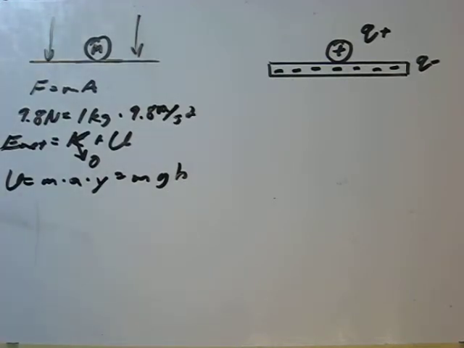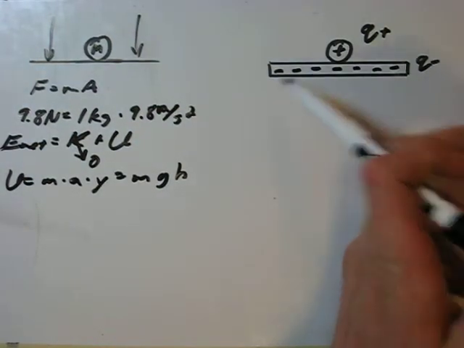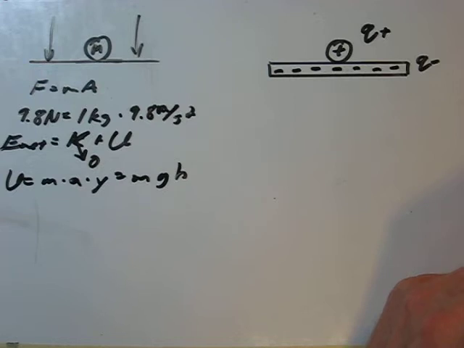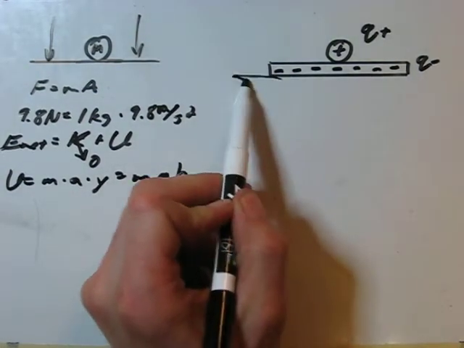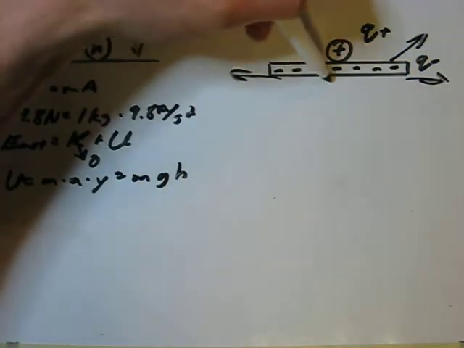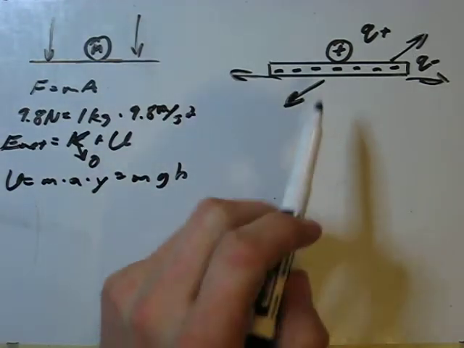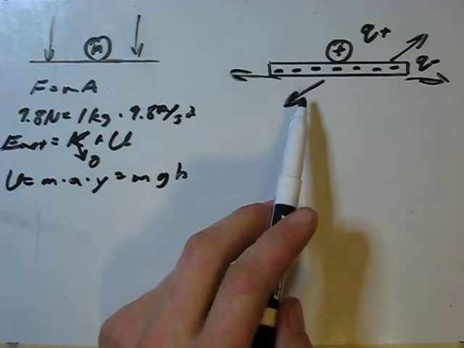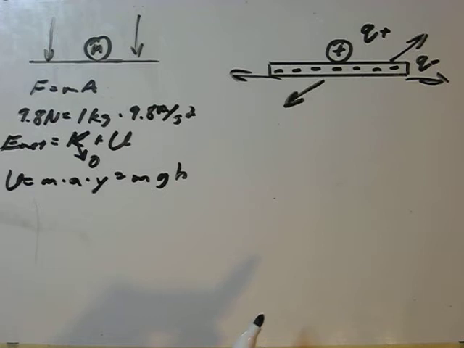Looking over at our positively charged particle, which is attracted to the negatively charged plate, we're going to consider this plate to be infinitely large, because that's what we're generally speaking in terms of for these problems when we talk about a charged plate and a very, very tiny proton floating around on it there.